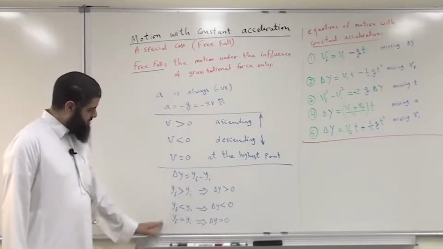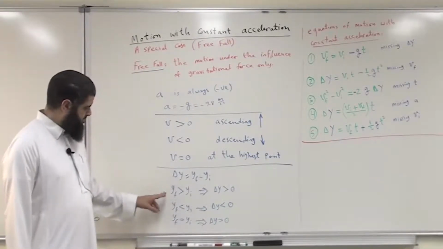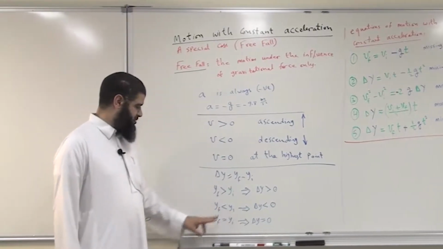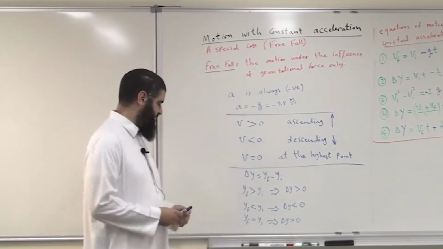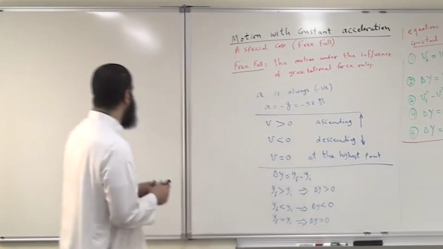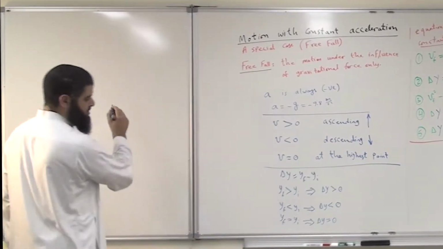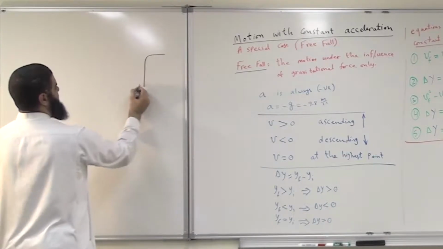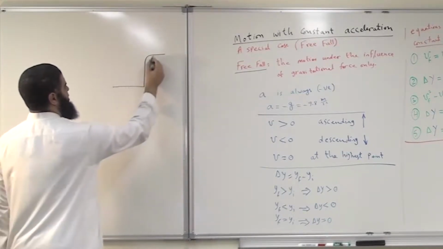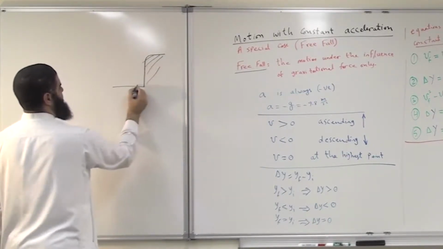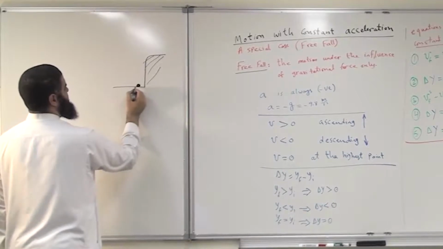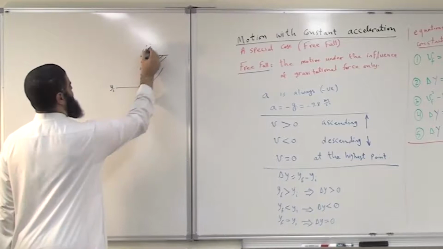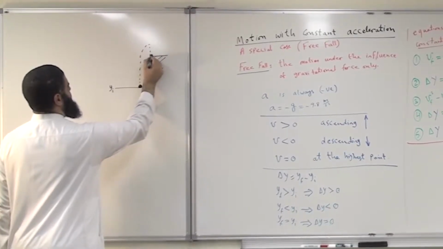Let me explain this in a drawing, when we have y final greater than y initial, y final less than y initial, or y final equals y initial. Let me explain it here on the side. For example, if I have here a table and you throw an object from here, so this is your y initial, and the object goes up, and finally it is present here.